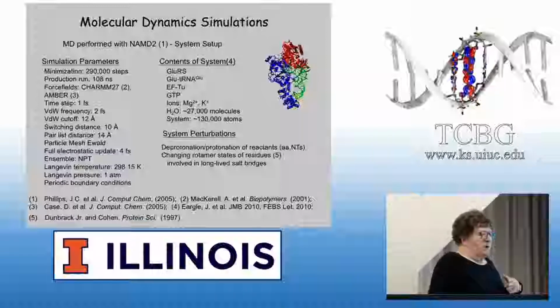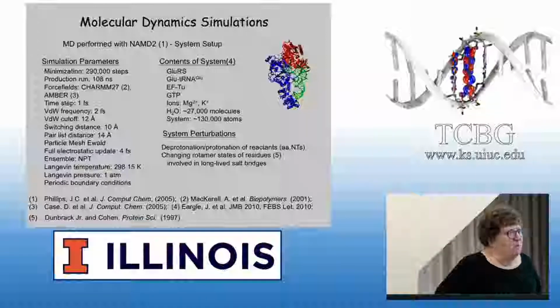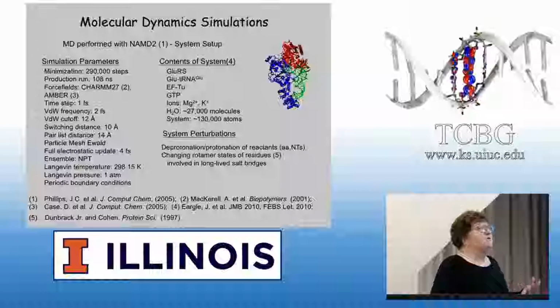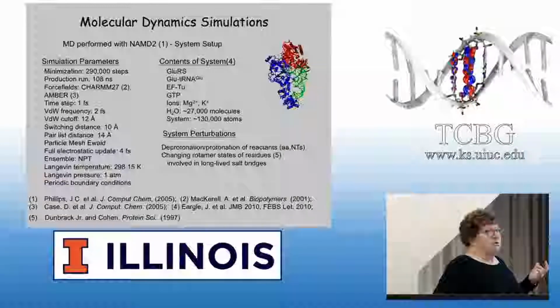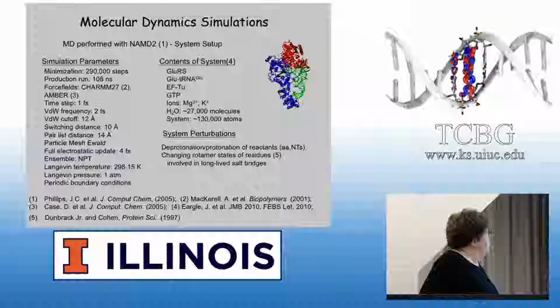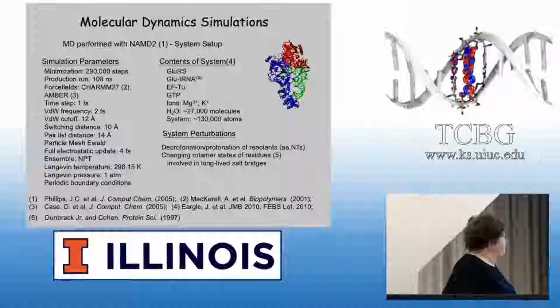And actually, one of the colleagues who won the Nobel Prize for the ribosome was one of the first to actually look and publish a structure on this. So when we carried out those early papers, we were using the CHARMM27 force field. You could also use AMBER. We were using the NPT ensemble with it.